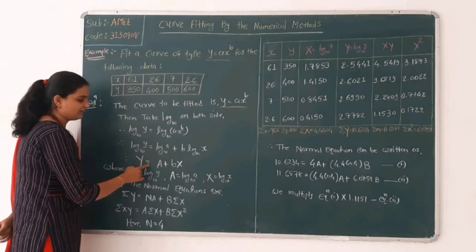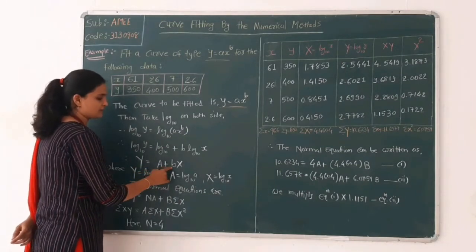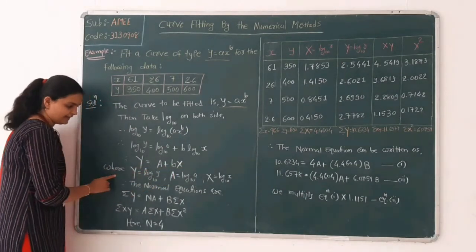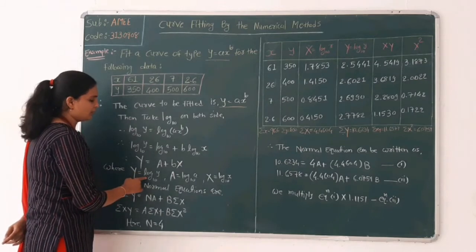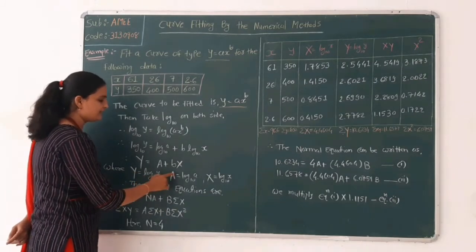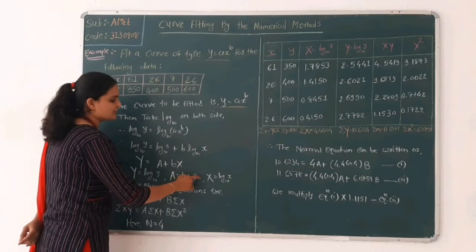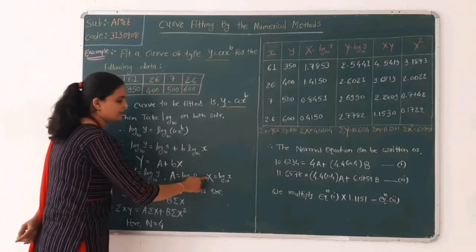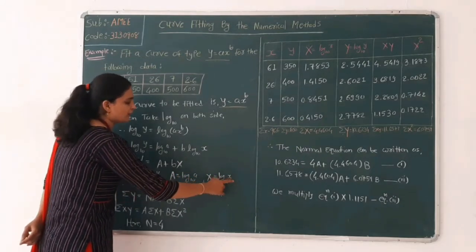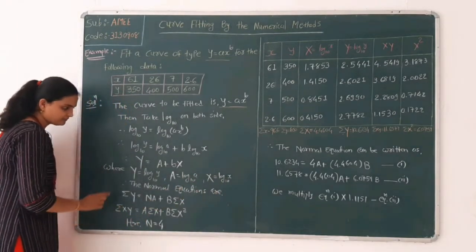Therefore, we have capital Y equals capital A plus small b X, where capital Y equals log small y to the base 10, capital A equals log small a to the base 10, and capital X equals log small x to the base 10.